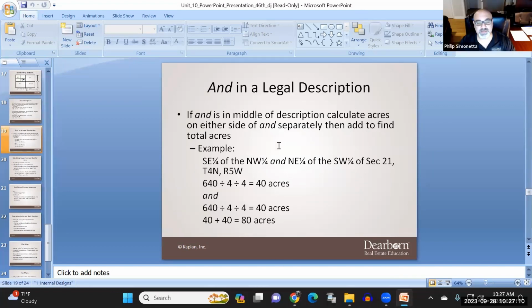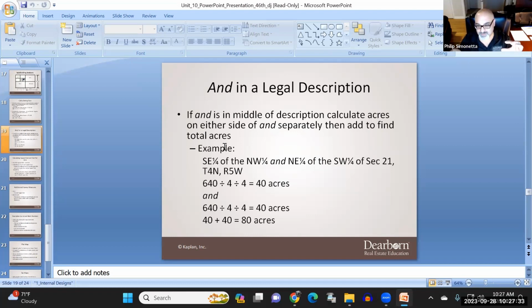Okay, now let's look at this. Here's an example. I want you to do this now. We'll go over this one, but then there'll be a sample. Okay, if "and" is in the middle of the description, when you're calculating the acres on either side of "and," you have to do them separately. The "and" separates them.